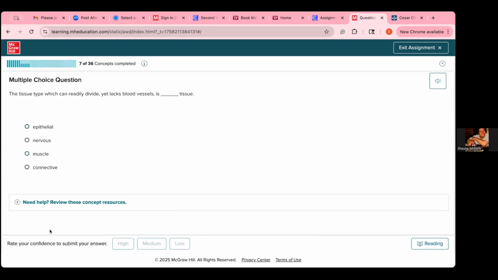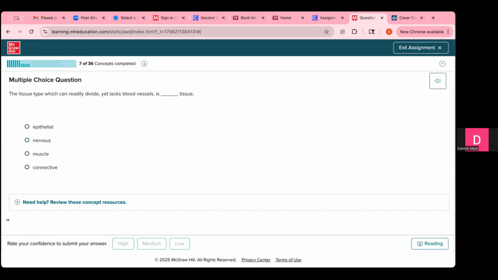Let me go back to, yeah, okay. This tissue type can readily divide, yet lacks blood vessels. What type of tissue is that? Epithelial.